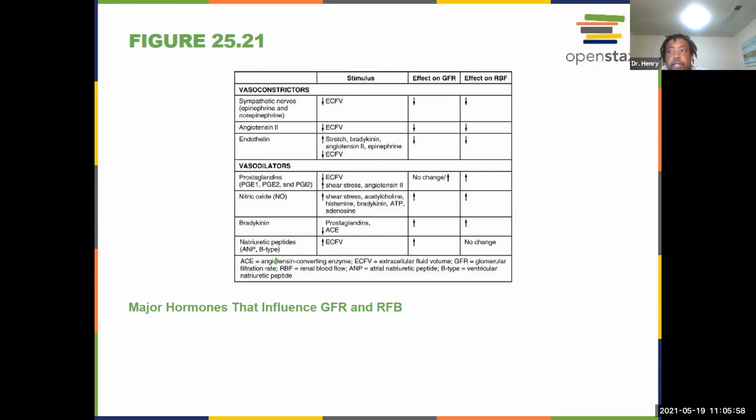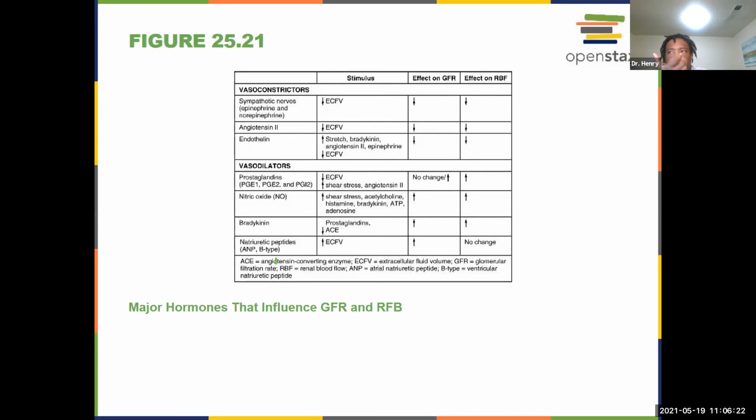Your prostaglandins cause your ECF to decrease, but you end up causing more shear stress being generated, and you cause an increase in your angiotensin 2.